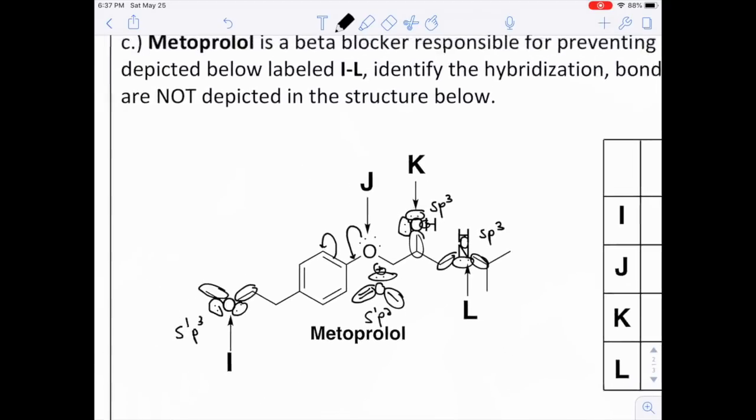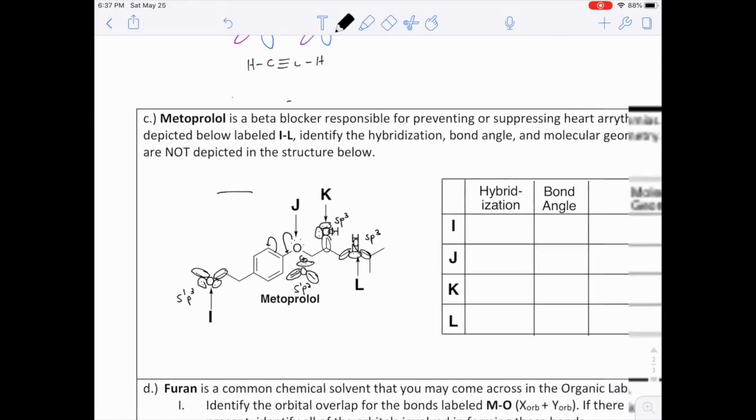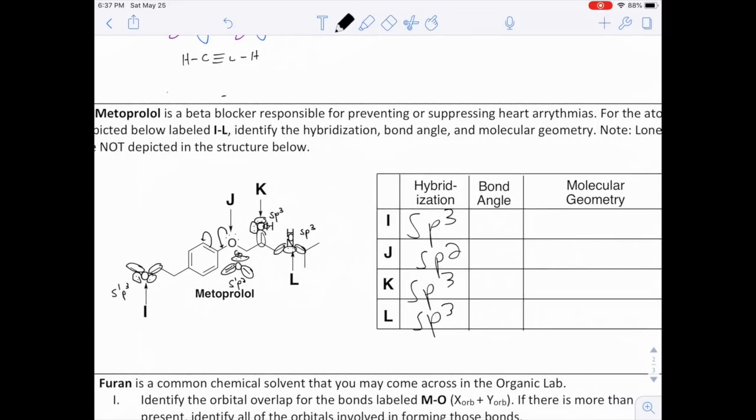Now that we have the hybridization, everything else is pretty much self-explanatory. If I fill this in on the chart over here, we have sp3, sp2, sp3, and another sp3. Then the bond angles just match what you already know. Bond angles for sp3 centers are 109.5, 109.5, and 109.5. And bond angles for sp2 centers are 120.